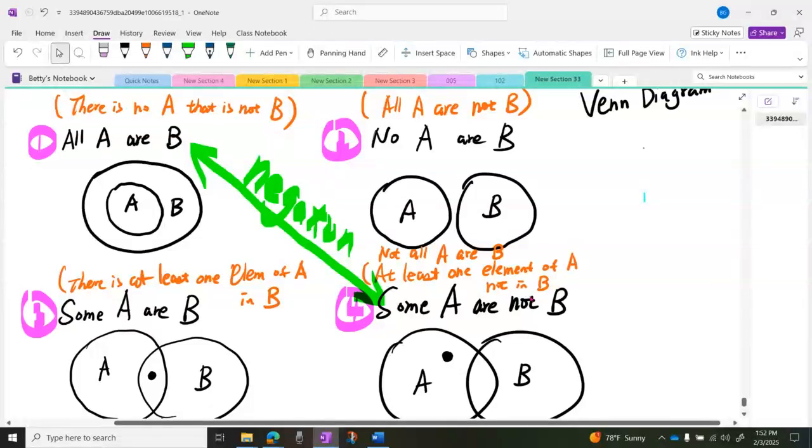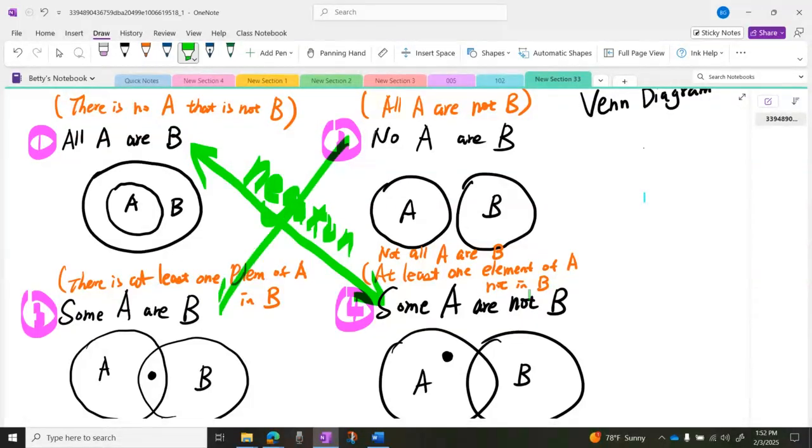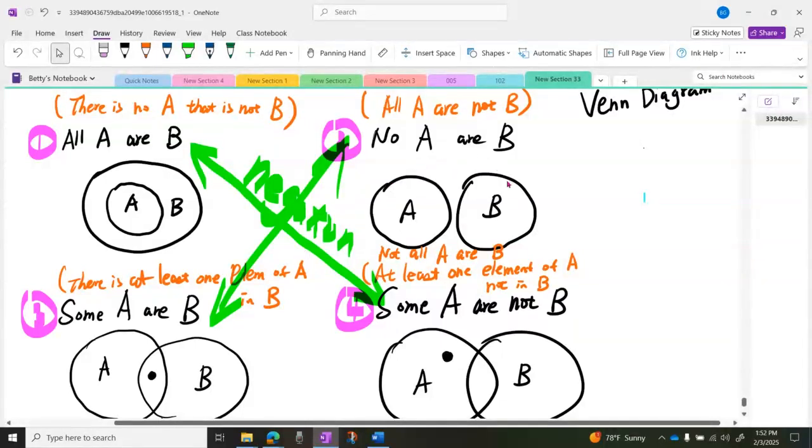That leaves us the other two. The other two are also negations of each other. No A are B has the negation some A are B, right? For example, no men are good, perhaps because some women don't have good experience with dating.